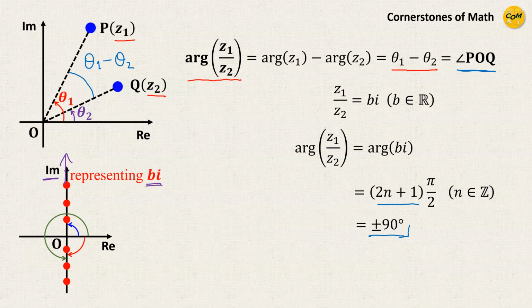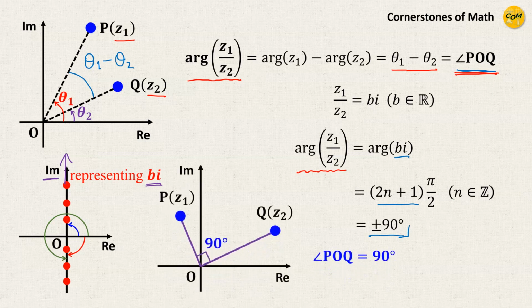Now this is the possible argument value for imaginary number bi, but the geometric meaning of the left-hand side is that it represents the measure of the angle POQ. Therefore, this means that the measure of angle POQ must be 90 degrees. And this is the criterion that we are going to use to find the answer.